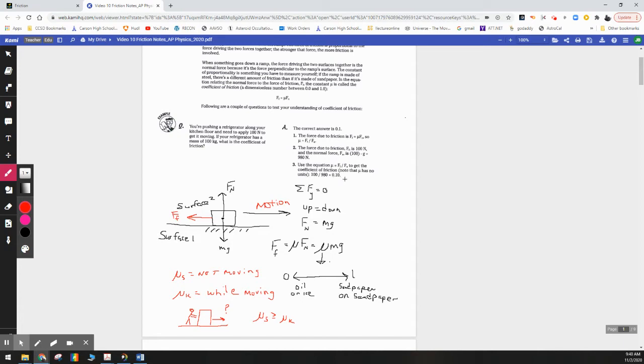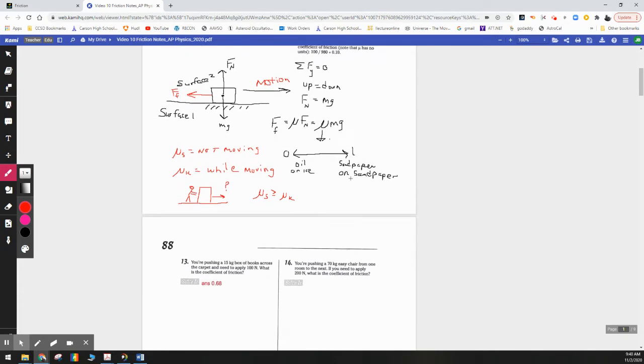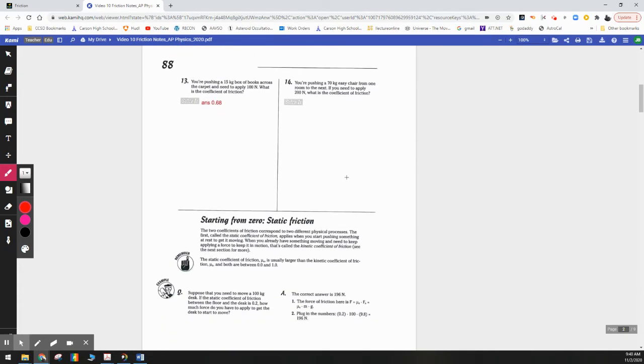All right, so let's go down to number 13 and 14 here. It says you're pushing a 15 kilogram box of books across a carpet. You need to apply 100 newtons. What is the coefficient of friction? We'll start off with this right here. Here's the force of friction, and let me use a black pen here.